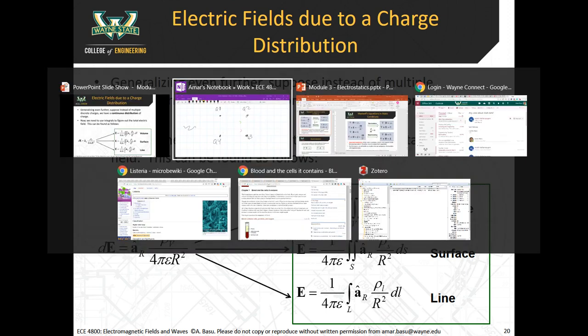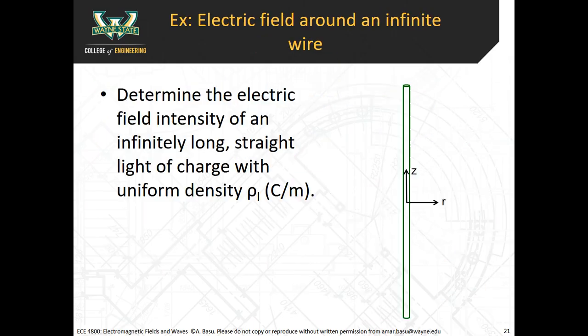So what does a line distribution look like? Looks something like this. Find the electric field around an infinitely long wire. Imagine this in a Cartesian coordinate system.